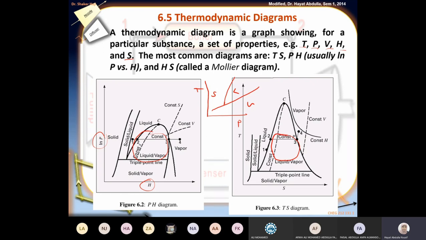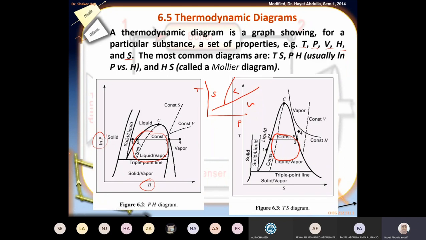This is because the diagrams are just 2D diagrams, and that's why when I change the diagram from one to another, the phases may change from a line to an area. That is one thing.